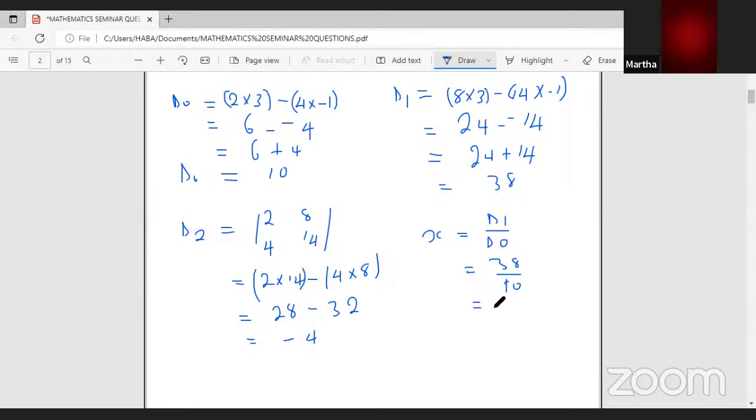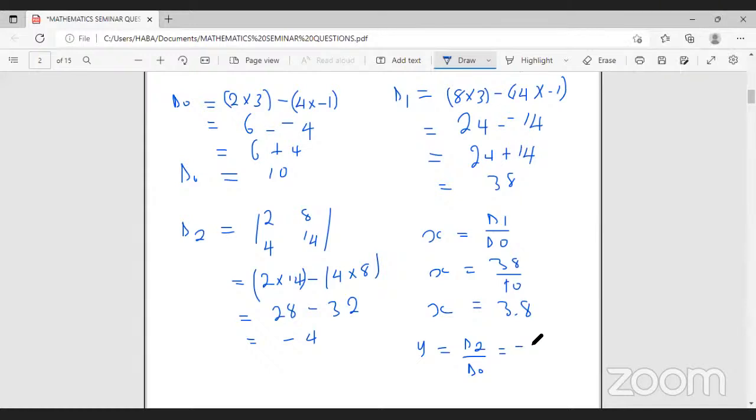I will get 3.8. Then y will be equal to D2 divided by D0. Then my D2 is negative 4 divided by 10.